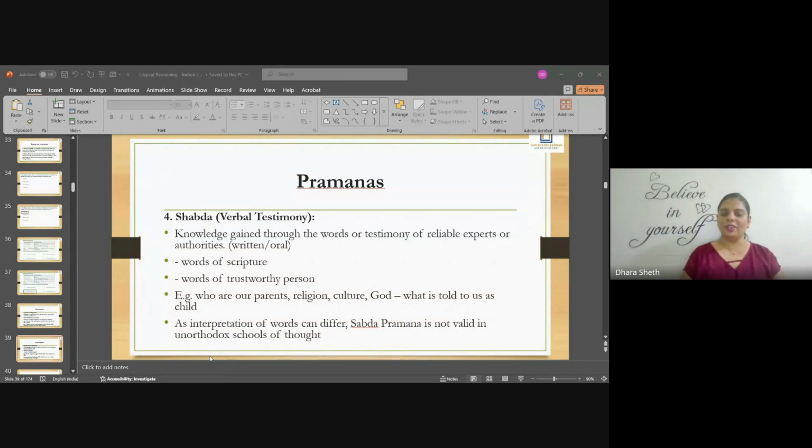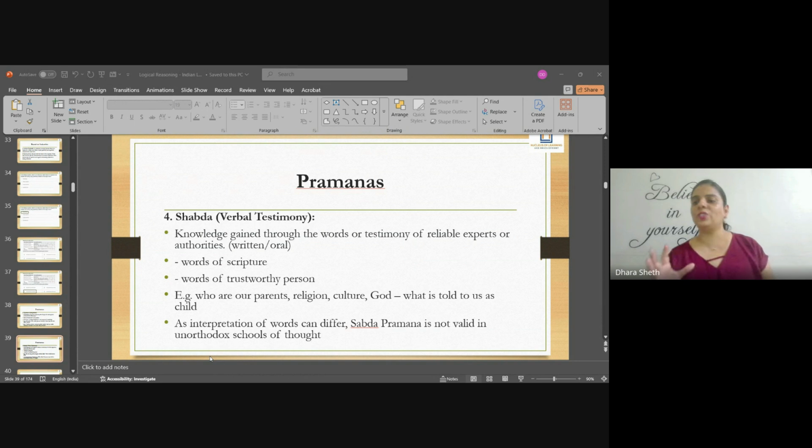So here also, shabda or verbal testimony means oral and written testimony. Knowledge gained through the words or testimony of reliable experts or authorities. It could be written or oral. That is words of scriptures and words of a trustworthy person or expert.